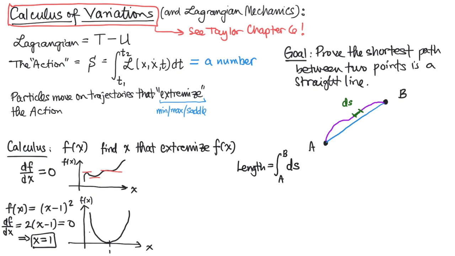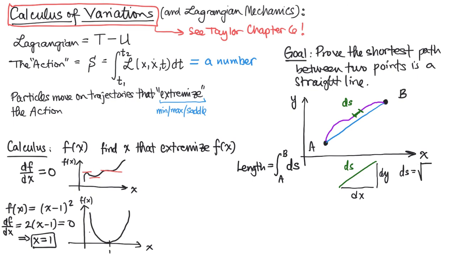And we can go even further. We can put some coordinates down here, like so. And in a plane, we can call these coordinates x and y. And then we can think about this length ds, which I'll zoom in over here. We can write that as a step in the x direction and a step in the y direction, so that ds would be the square root of dx squared plus dy squared by the Pythagorean theorem.